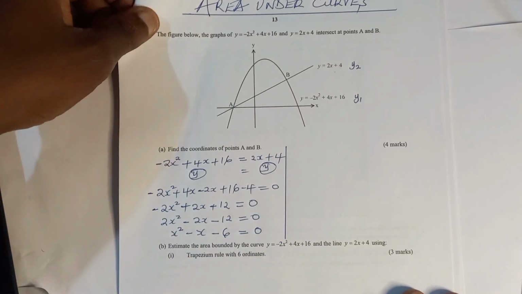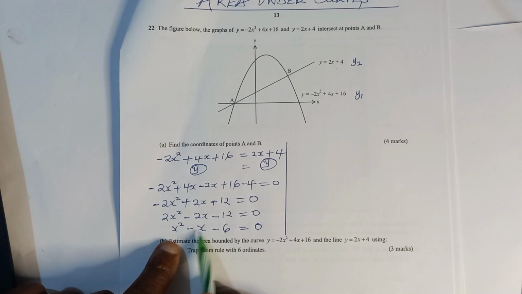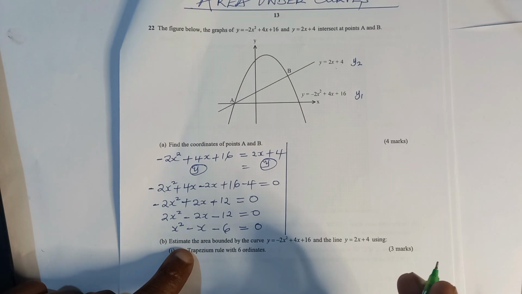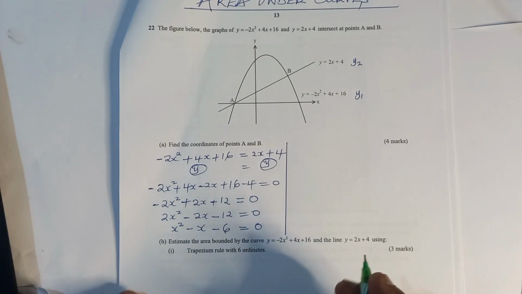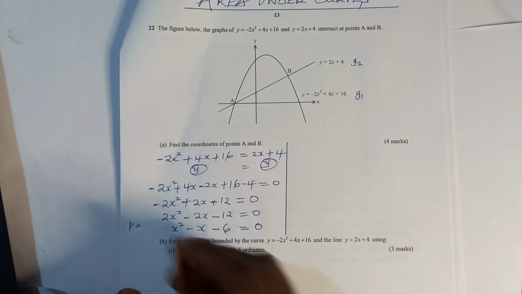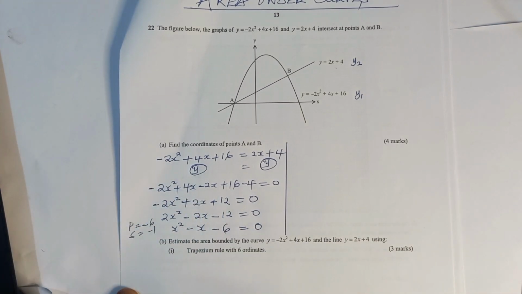Now you'll notice that this is a quadratic equation, and you can use any suitable method to solve it. You shall get two values of x. Use the factorization method. Look for two numbers whose product is negative 6 and sum is negative 1. These are negative 3 and 2.